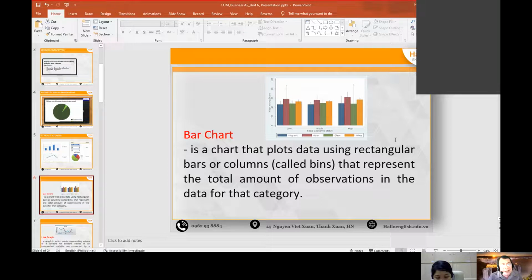Now, what's the use of this bar graph? Because we are going to represent the total amount of observations in the data for that category. So we are showing the data, the results of an experiment maybe. That's why we use a bar chart.